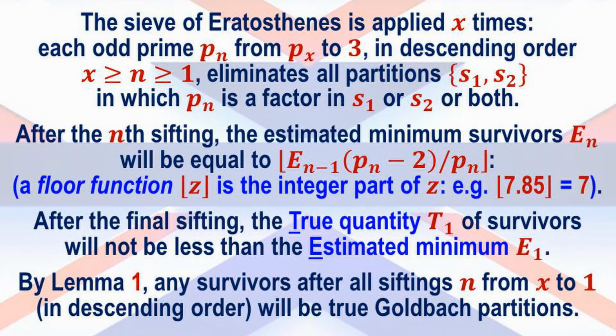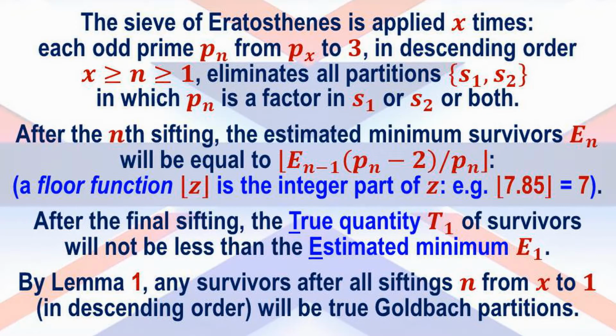Each odd prime Pn from Px to 3 in descending order eliminates all partitions in which Pn is a factor in either S1 or S2 or both. After the nth such sifting, the estimated minimum survivors, E sub n, will be equal to E sub n minus 1 times (Pn minus 2) over Pn, taken as a floor function. And a floor function is simply the integer part of the number.